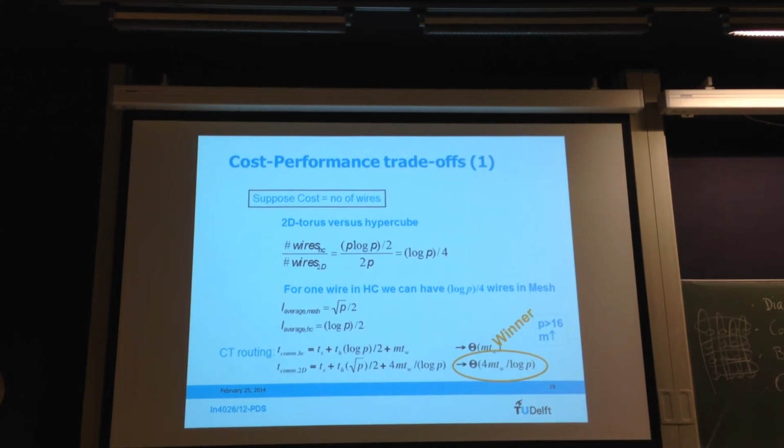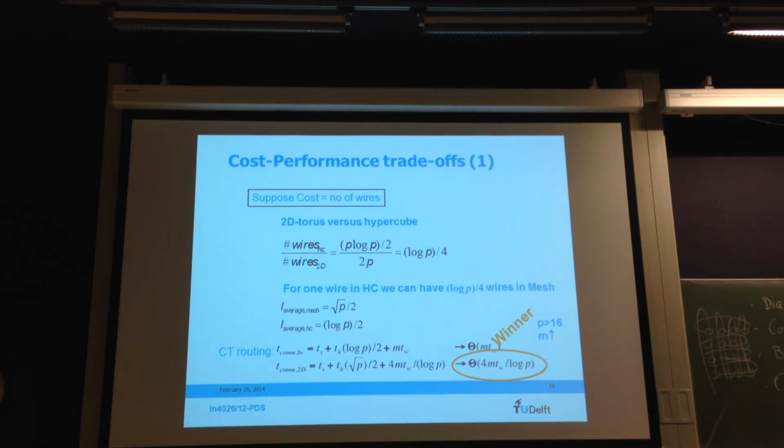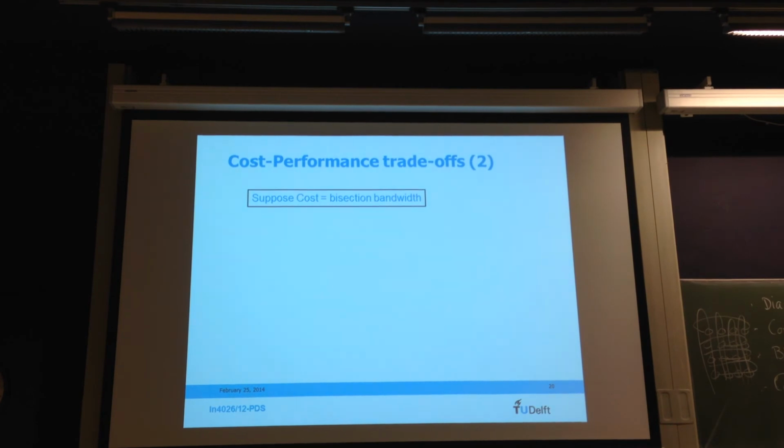Now you could say this is not realistic. Suppose cost is the number of wires. Well, you might take a different argument then, right? Because what is strong in the hypercube is this enormous bisection network. Now, cost is the bisection network.